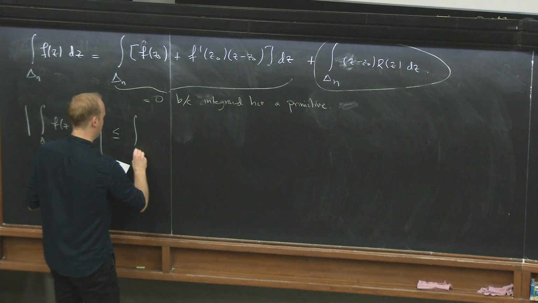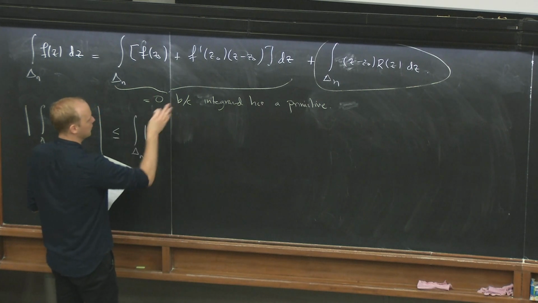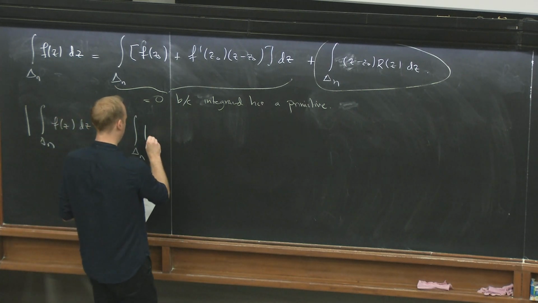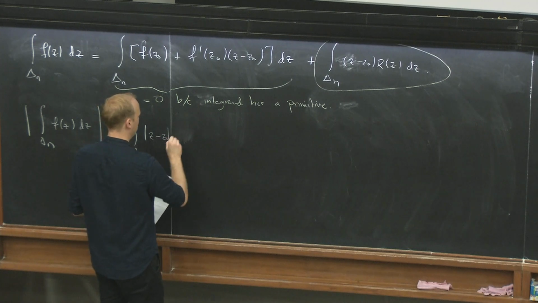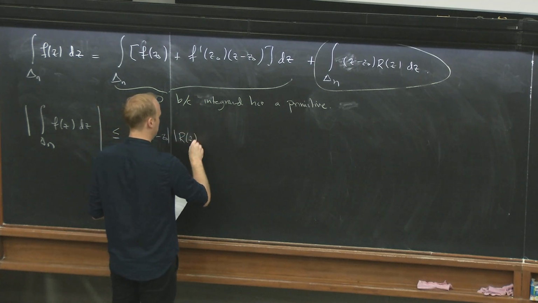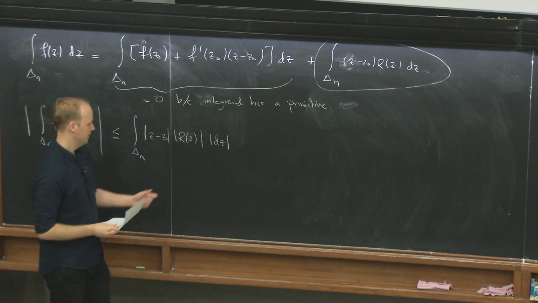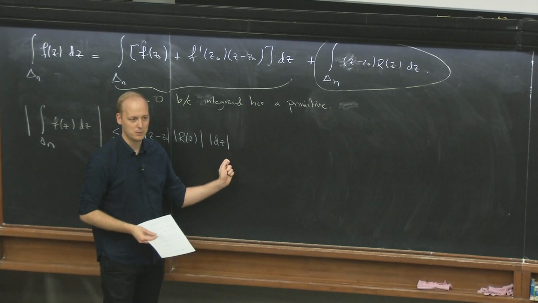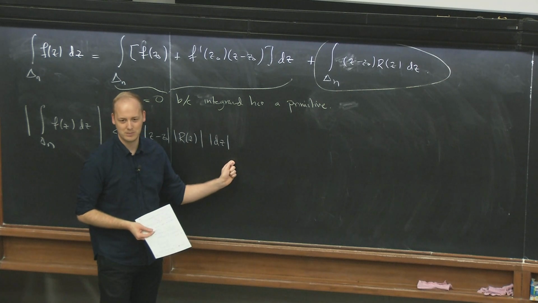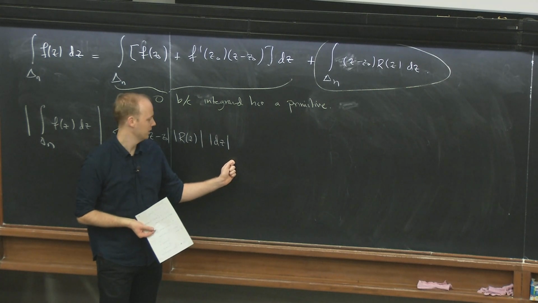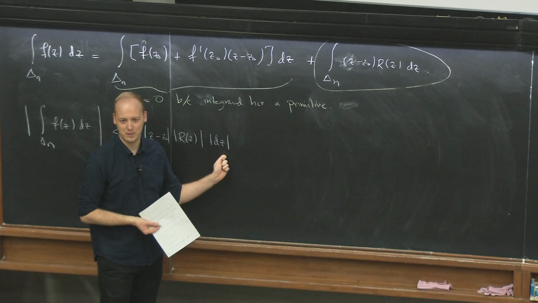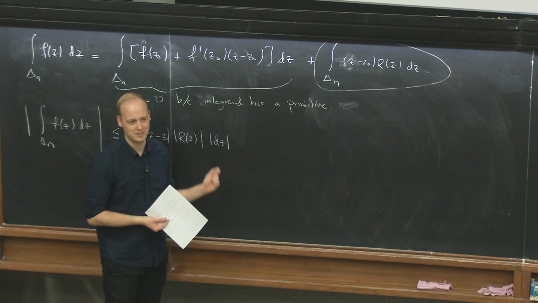So this is less than or equal to the integral over delta n, and then you just write down whatever is there. So absolute value of each of these things. This is a key thing that you have to put the absolute value also on dz. This confused me a lot, I have to admit, when I took my first complex analysis course as an undergrad.